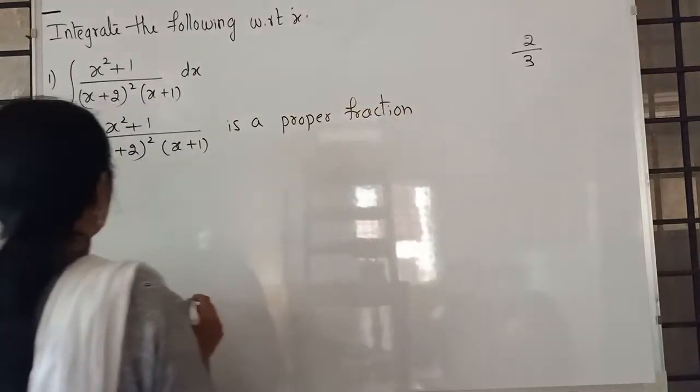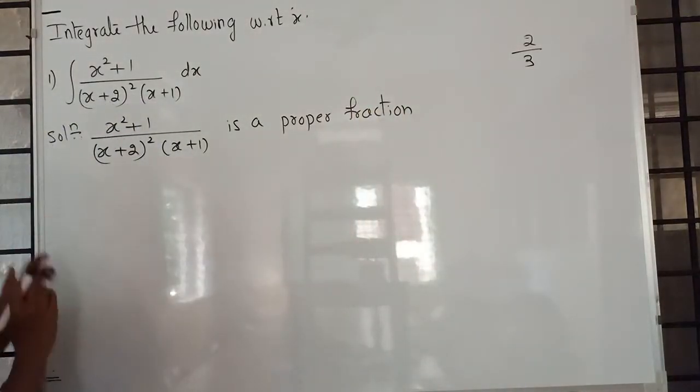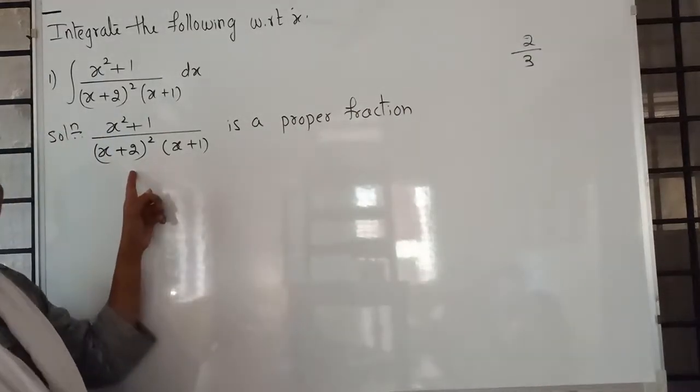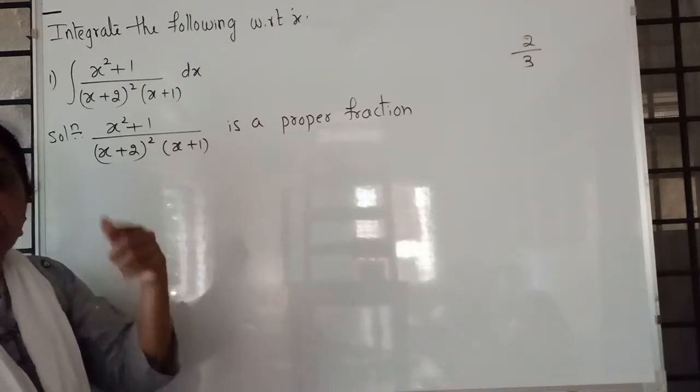In the next step, by partial fraction, what are you observing in the denominator? The denominators are linear, but one linear expression is repeated, that is, squared.